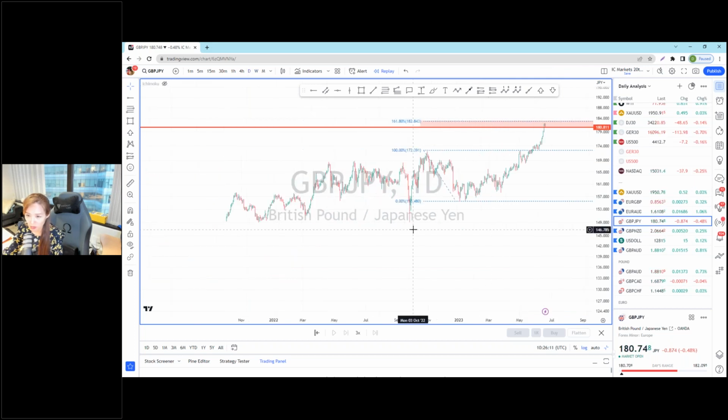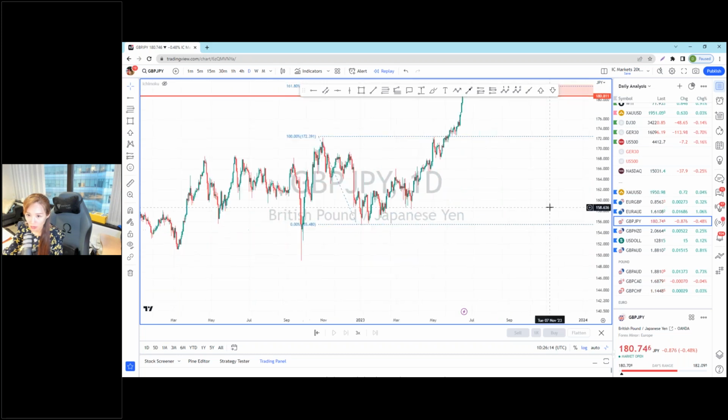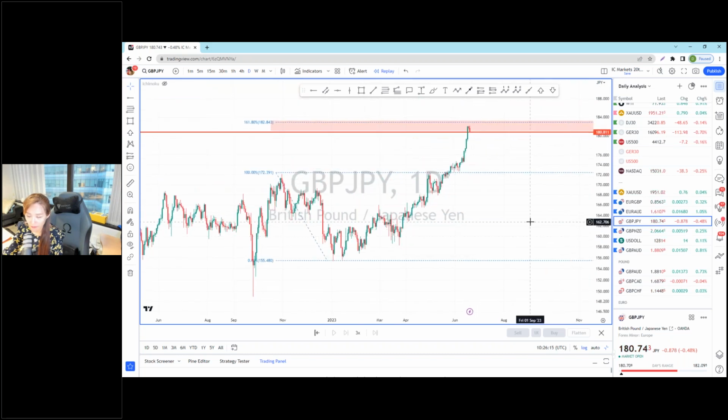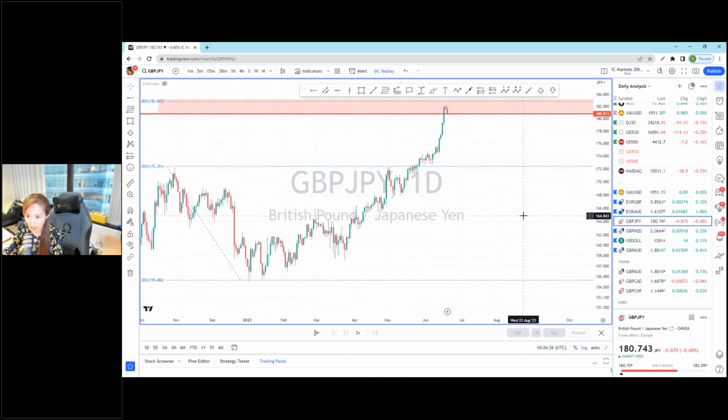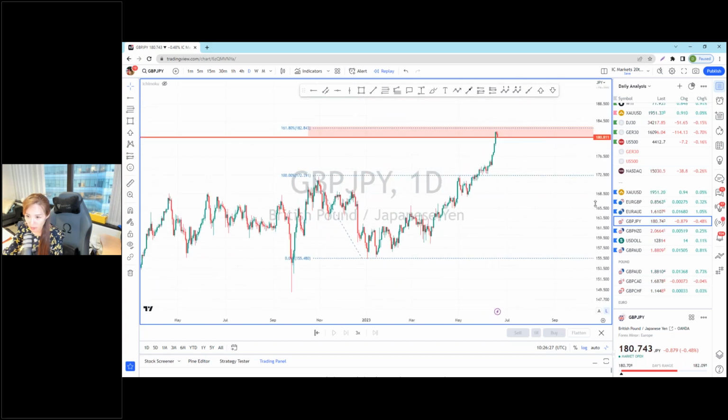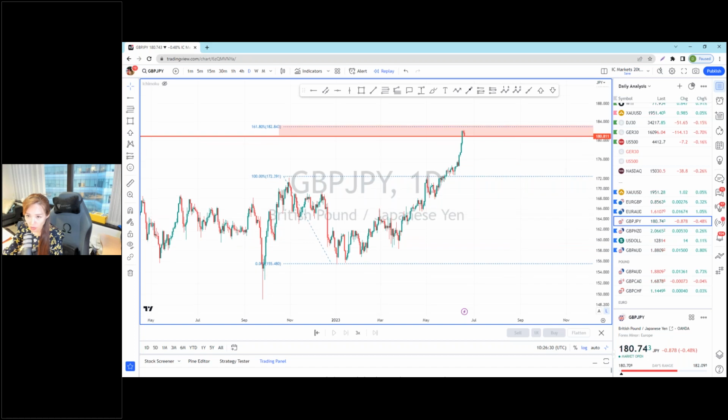Because we're in a weekly time frame, if you were to go to the lower daily time frame, you can see that price has already broken above the daily time frame high here. So you will ask me, where is the price going to drop to? You use Fibonacci, draw from here to here.